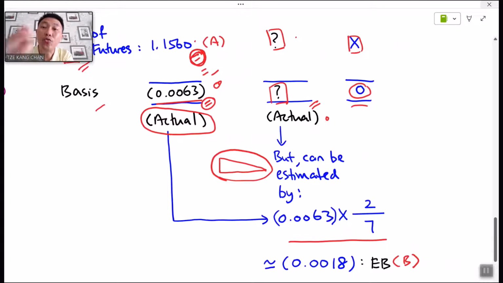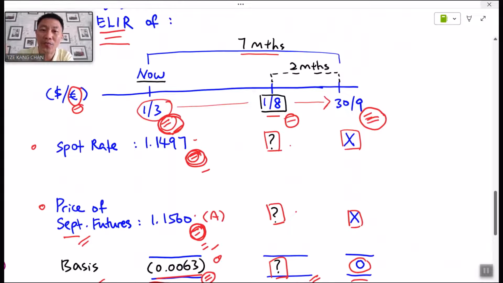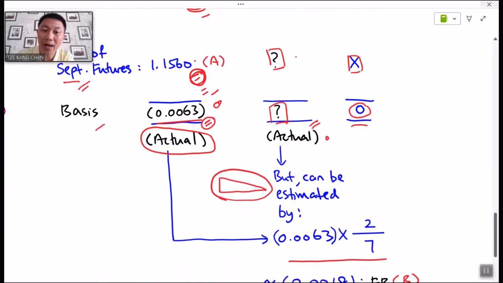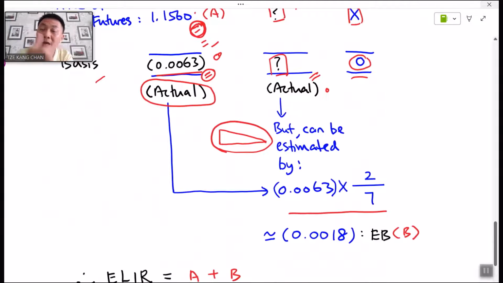Now with 2 months to go from 1st August to end September to reach up the maturity date of the futures contract, with these 2 months left behind, you will get the estimated basis of $0.0018 per future. Bearing in mind, this is the estimation on the basis with this assumption.